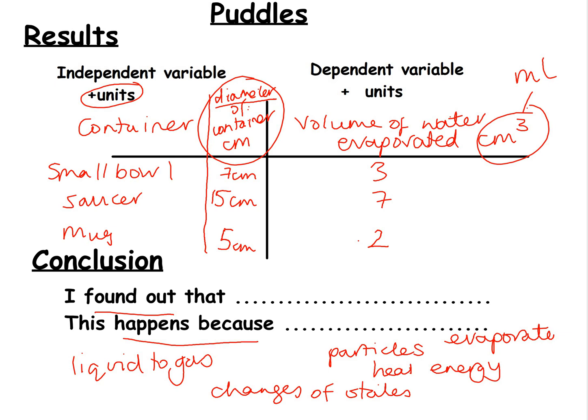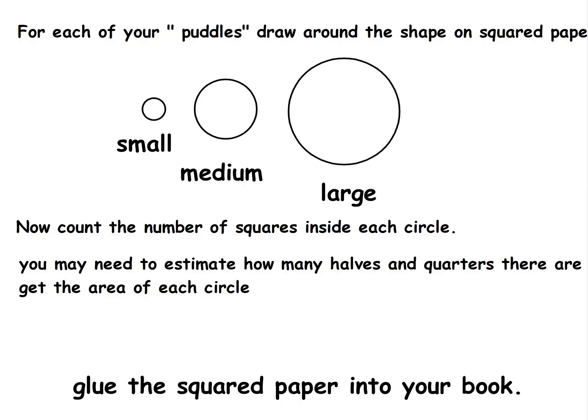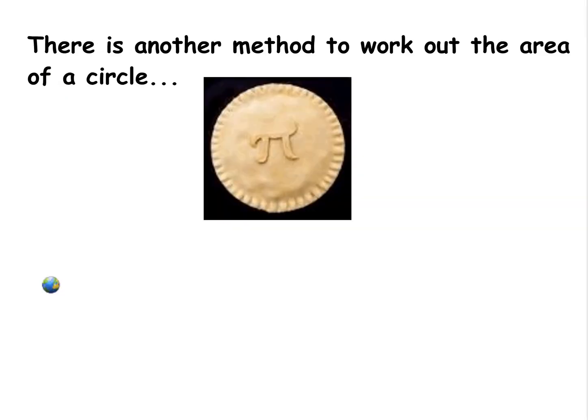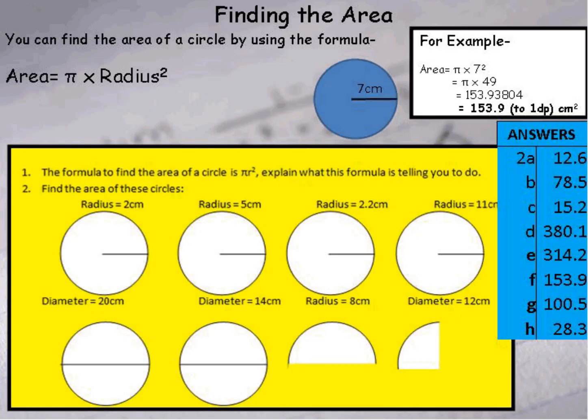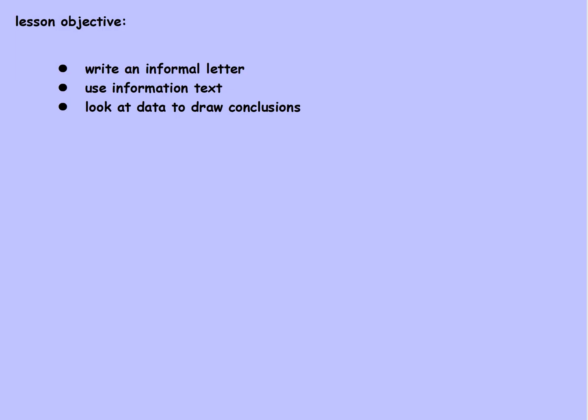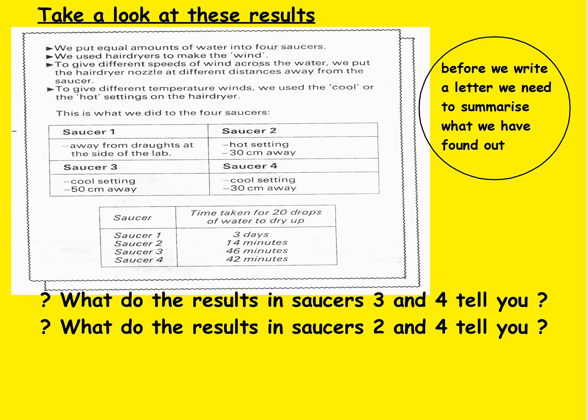Now the next task I'm going to set you, we're going to skip a few pages in here because it talks about calculating the area of a circle using pi. So we'll come back to that at a later date. We're going to look at these results here in this slide. So it says this person collected some data.